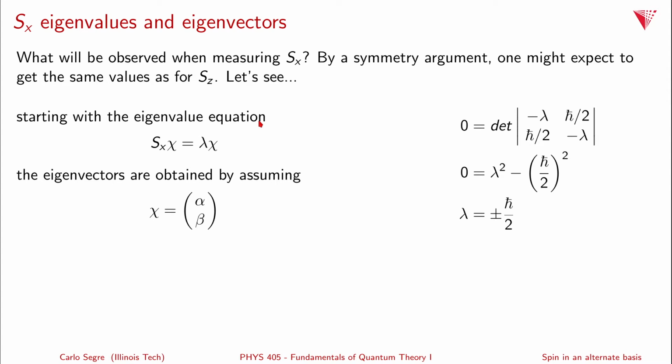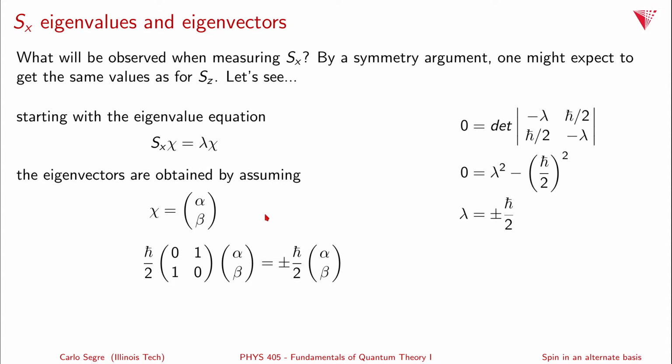The eigenvectors can be obtained by assuming an arbitrary spinor, alpha beta. Now remember, this is in terms of the spin up and spin down in the S sub z basis, the one we've defined up to now. We're now asking ourselves, what are these vectors going to look like for S sub x? What are the eigenvectors for S sub x in terms of the spinor up and spinor down vectors?